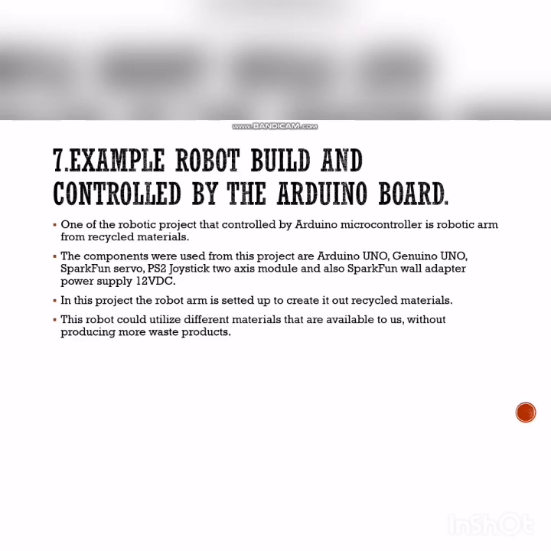The last question is an example of a robot built and controlled by the Arduino board. As you can see here, one of the robotic projects that can be controlled by an Arduino microcontroller is a robotic arm made from recycled materials.